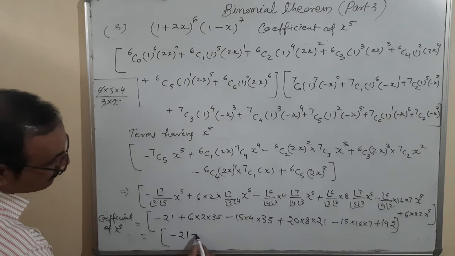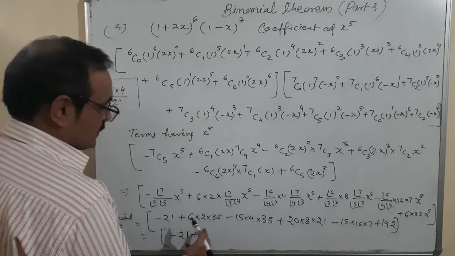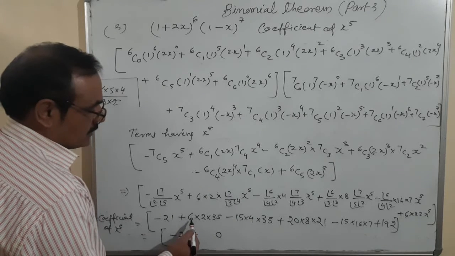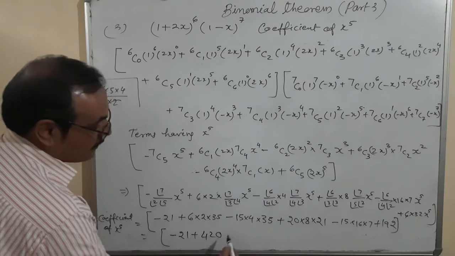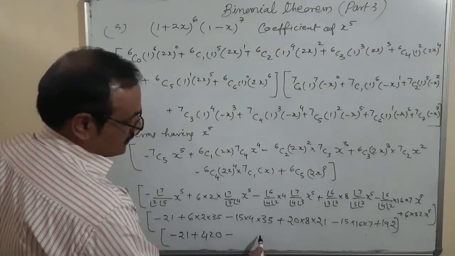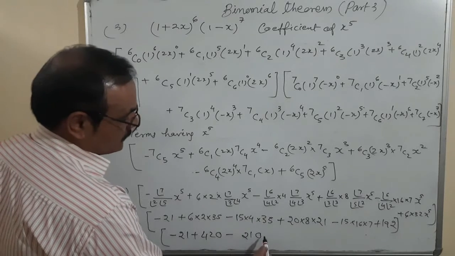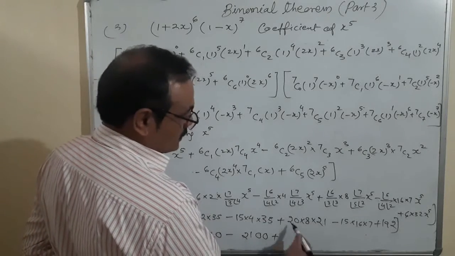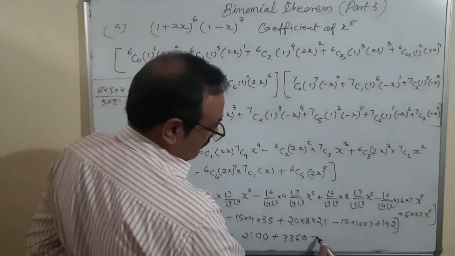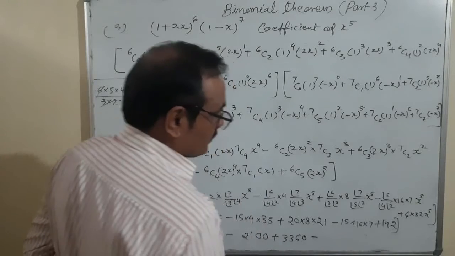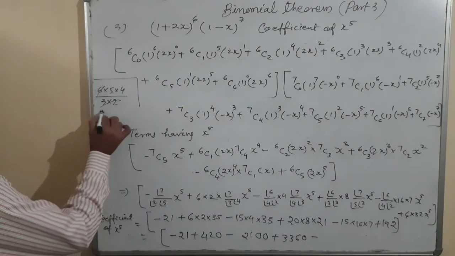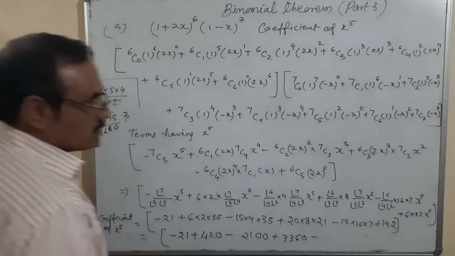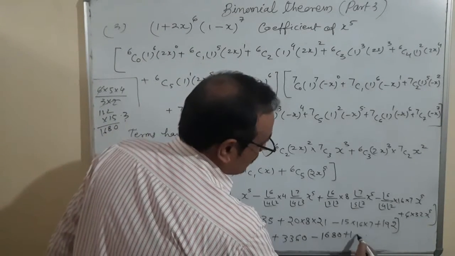minus 21 plus 6 times 2 is 12, 12 times 35 is 420, minus 15 times 4 is 60, 60 times 35 is 2100, plus 20 times 8 is 160, 160 times 21 is 3360, minus 15 times 16 is 240, 240 times 7 is 1680, and plus 192.